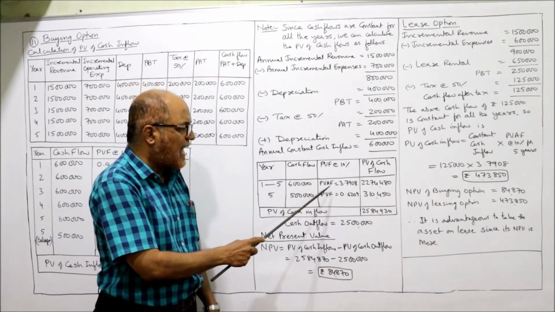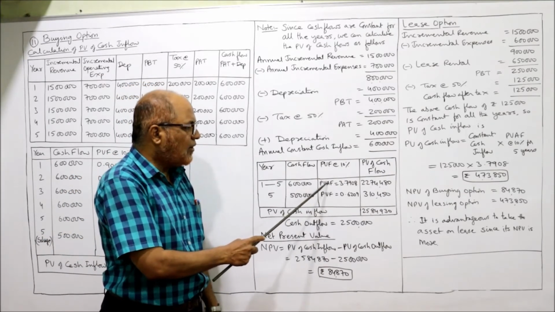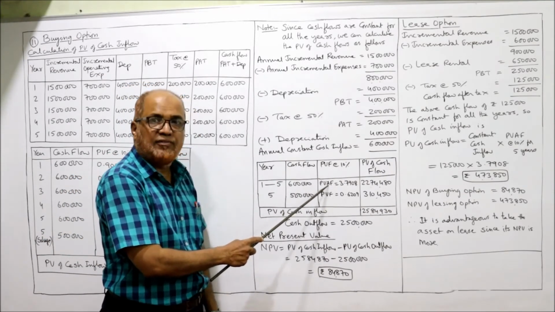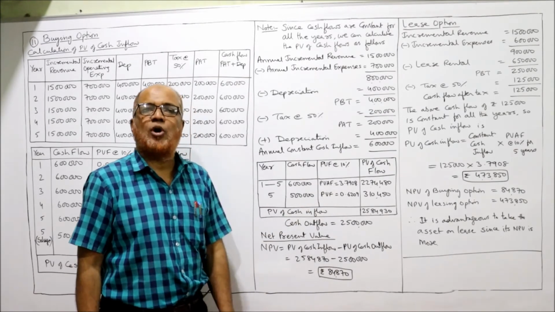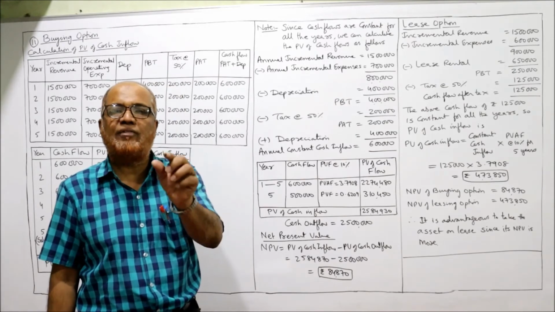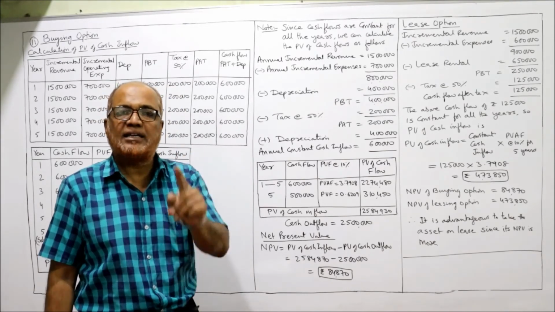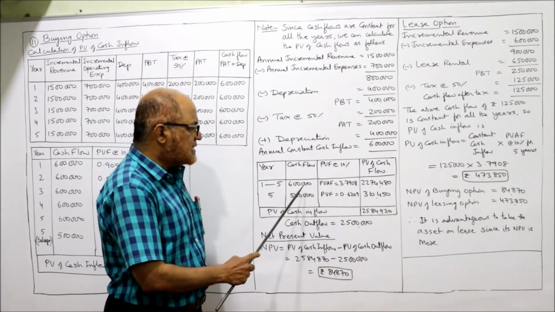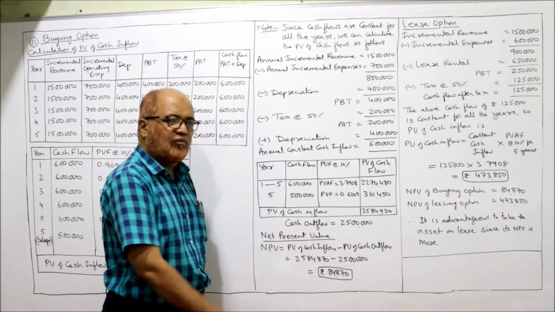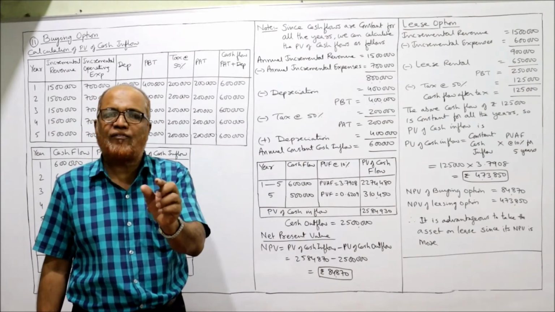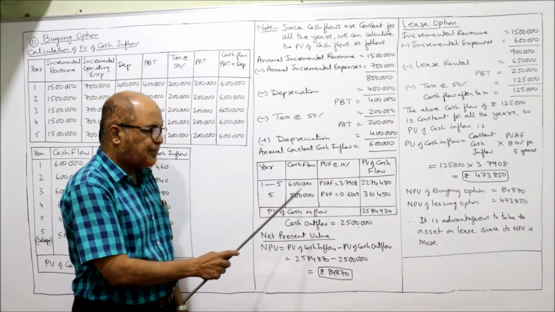That's why we will use the annuity factor. The PV of annuity factor at 10%, if you refer to the table, is 3.7908. 3.7908 is the PV of annuity value at 10%. Multiply 6 lakh into 3.7908, 22 lakh 74,480. This is the PV of cash inflow of operating income.